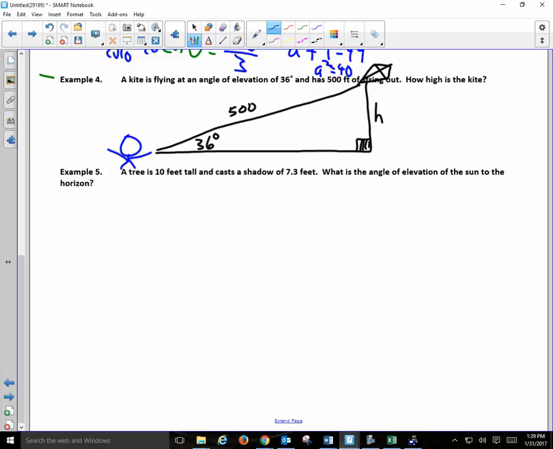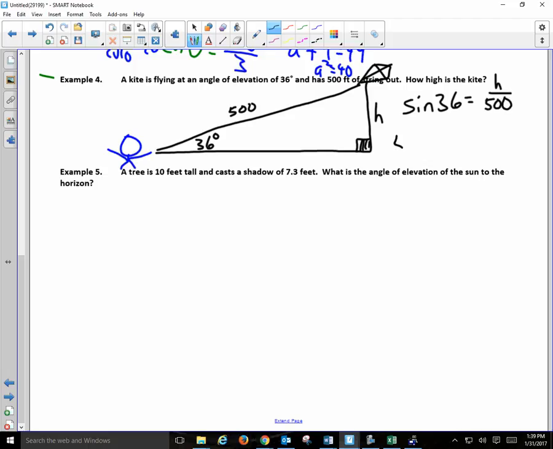Okay, so she's wondering what the height is. How far does it stick off the ground? Help me out. Come on, you're the best of the best. Sine of 36 is h over 500.